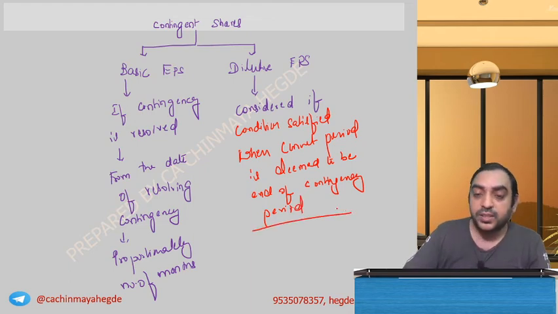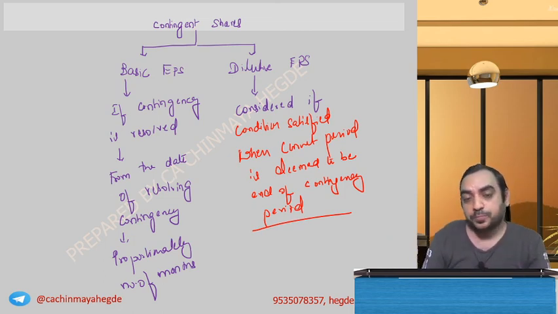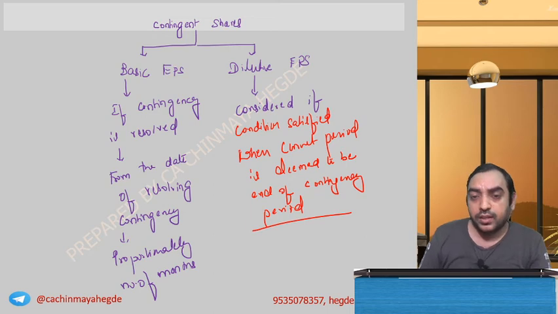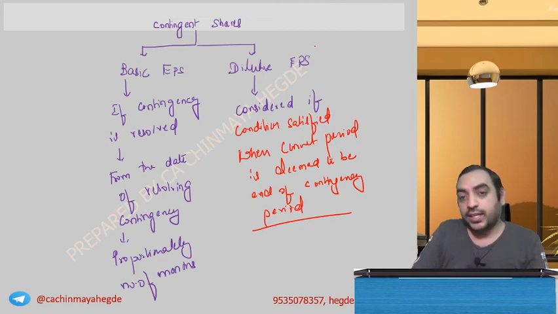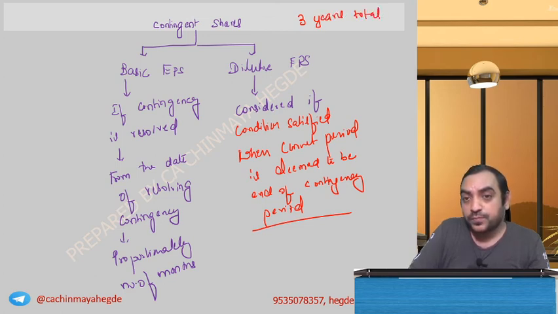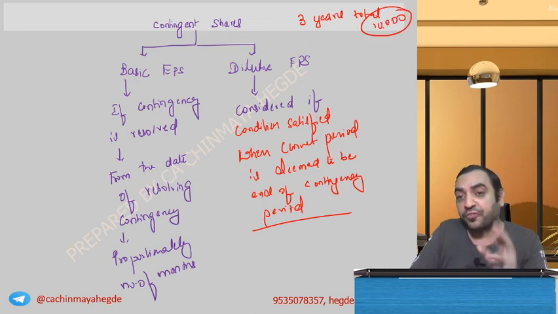Deemed to be the end of the contingency period. What do you mean by this? Let me give an example. The condition for issuing shares is that the company should make, in 3 years, a total profit of, let's say, 10,000 rupees. Cumulative profit in 3 years should be 10,000 rupees.